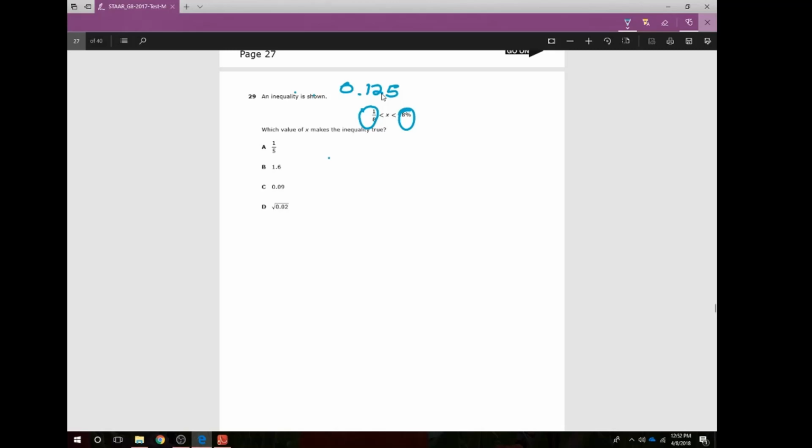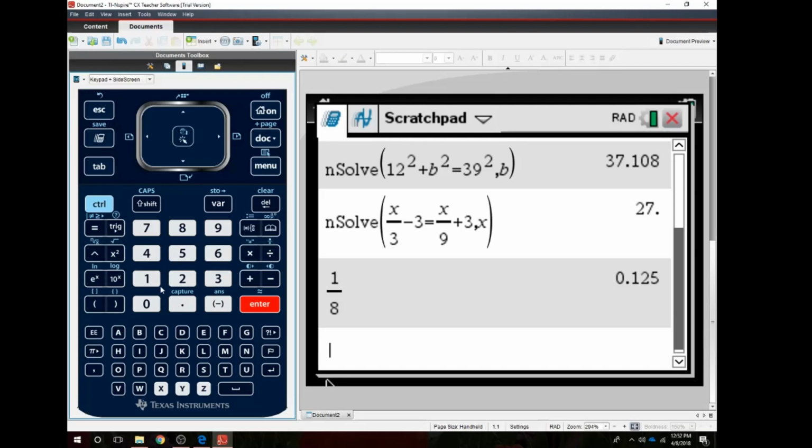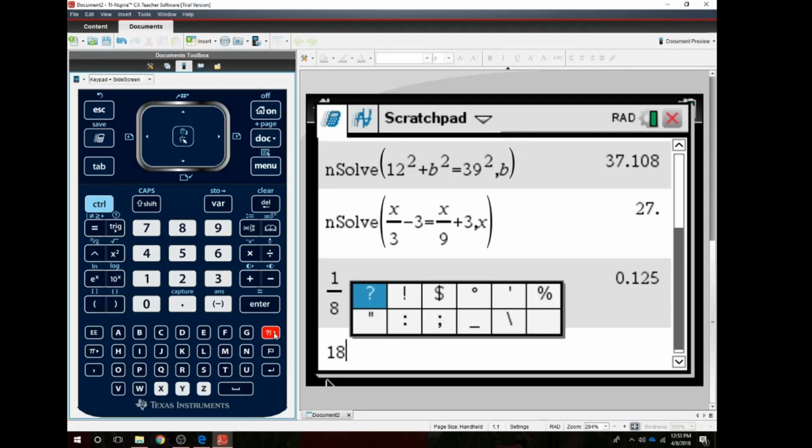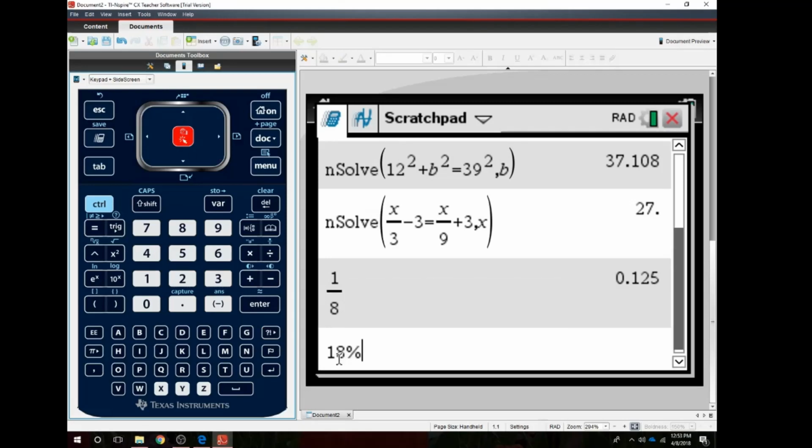And then 18%. You can move the decimal to the left 2 places, or you can use your calculator. I'm going to show you how to use your calculator. I type in 18, and then I go down to the little question mark exclamation point button. I press it, it opens up a menu, and I arrow over to percent.